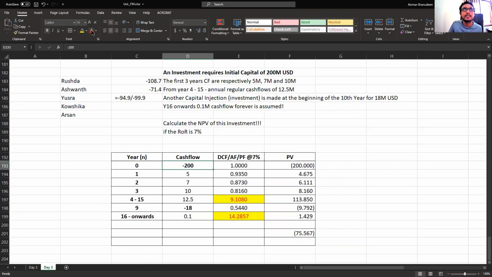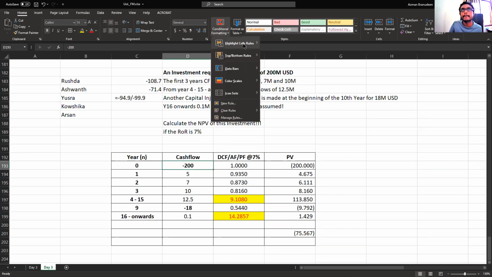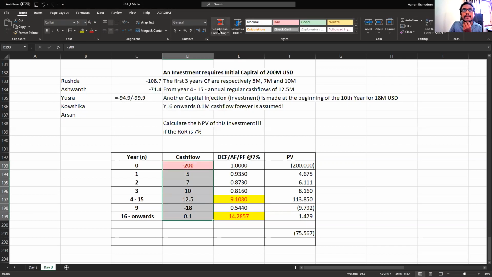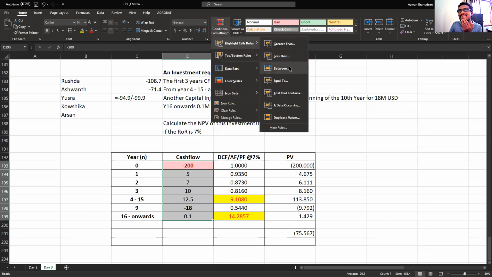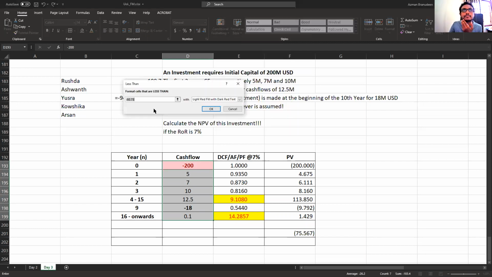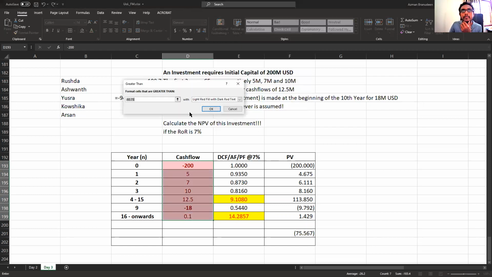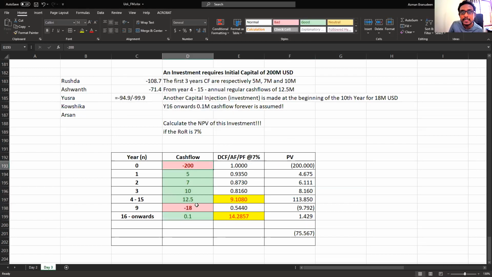So the 200 is money that we are spending.